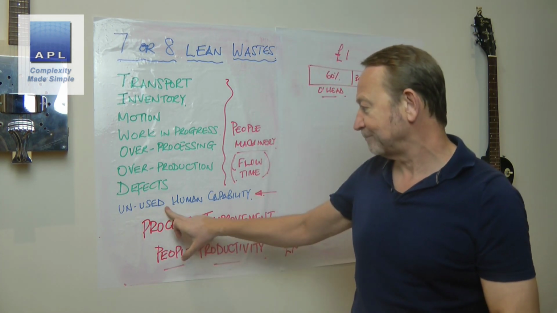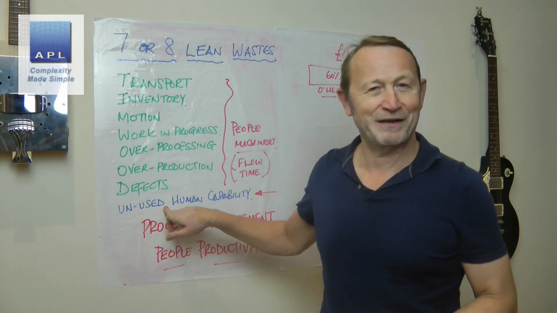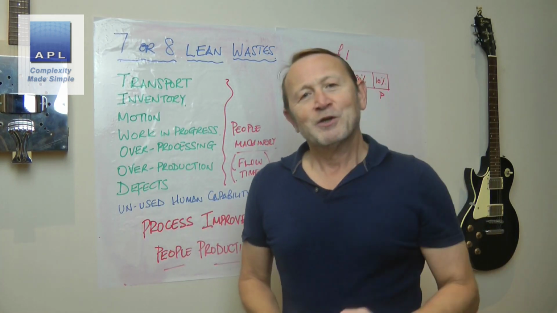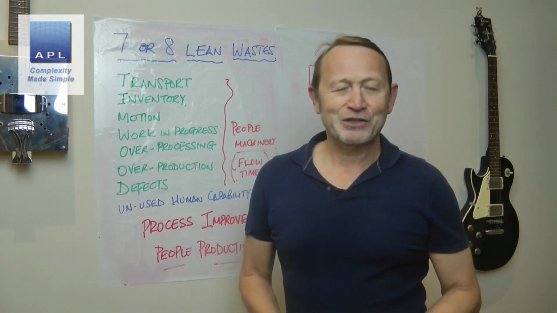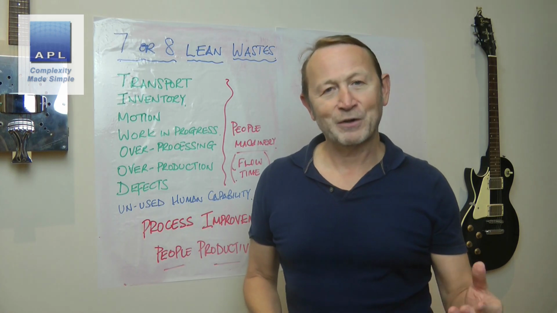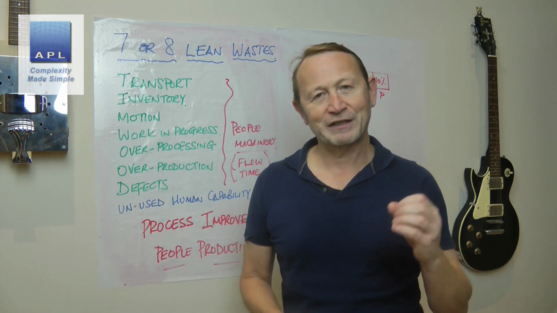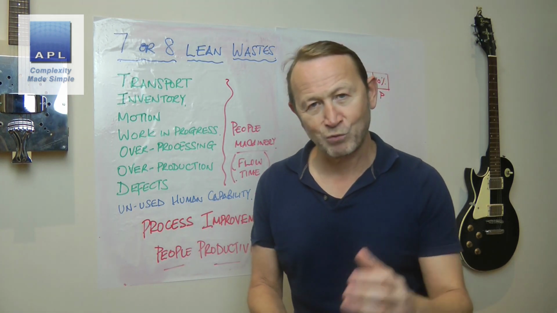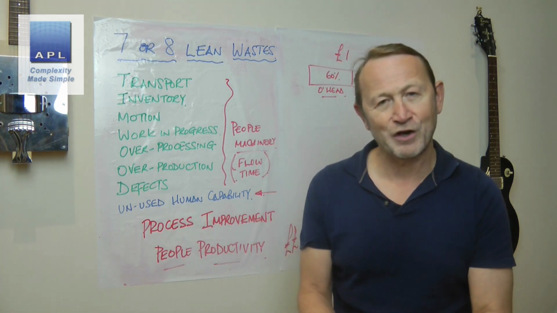Okay? Now, this does appear, however, I'm going to concede this eighth waste. But what we're going to do, we're going to have a look at Dan Jones. I was fortunate enough to spend a little bit of time in Dan's company a couple of weeks ago at the International Lean Six Sigma conference in Cambridge. And John was awarded something like a Lifetime Achievement Award.